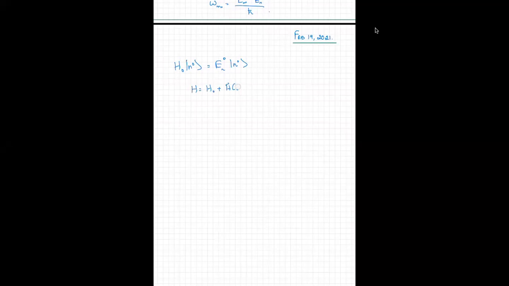Before I actually do that, I know that I can write any state psi as a linear combination of the eigenkets of this Hamiltonian, because after all, the Hamiltonian is a Hermitian operator. So I can always express any state in terms of the eigenkets of a Hermitian operator.